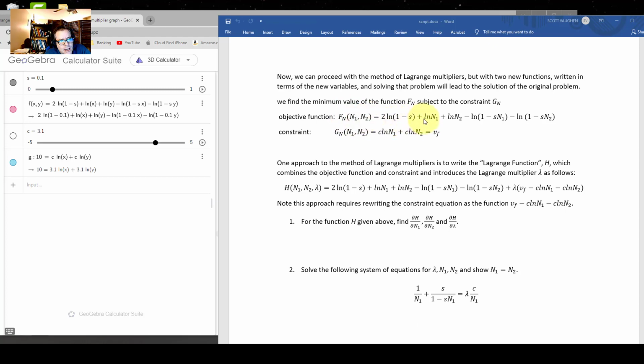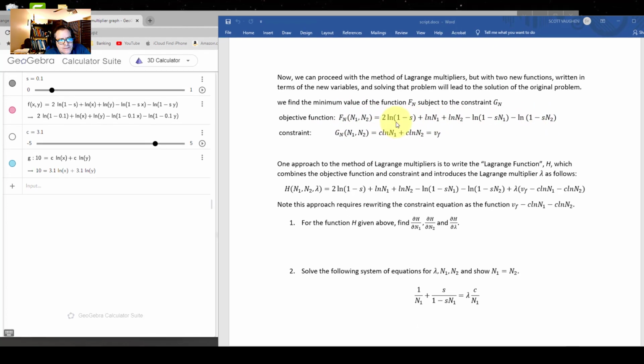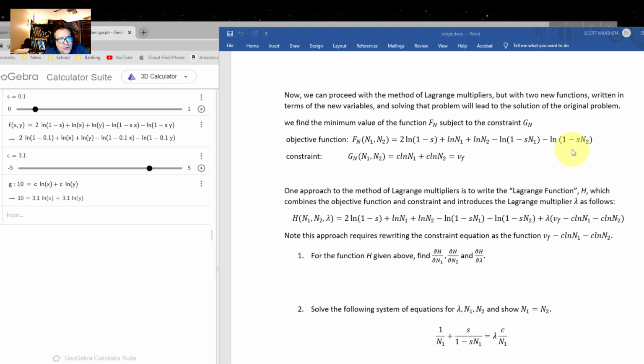So here's that objective function in terms of these variables n1 and n2 written out here on the right-hand side, and I've typed it into GeoGebra. I'm just using x for my n1, I'm using y for the n2 variable in GeoGebra here, and s is just a parameter that I have a slider for. It's a constant that we'll look at, a graph of this function in a moment.